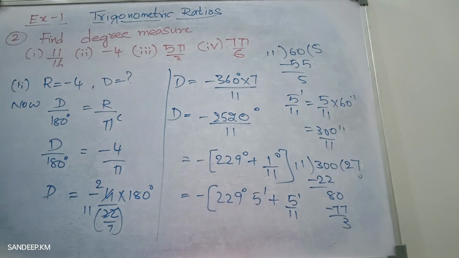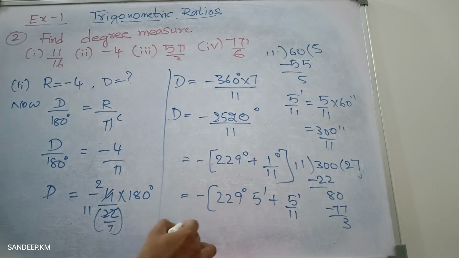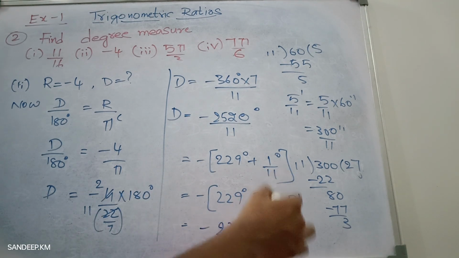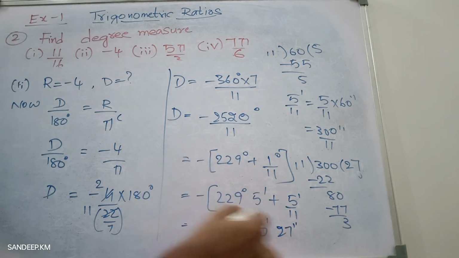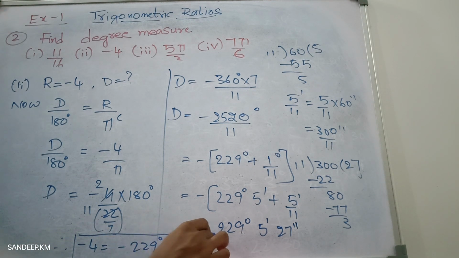So you'll get 27 seconds approximately. Therefore, the required answer in degree measure is minus 229 degrees 5 minutes 27 seconds. So therefore, dear students, minus 4 is equal to minus 229 degrees 5 minutes 27 seconds.